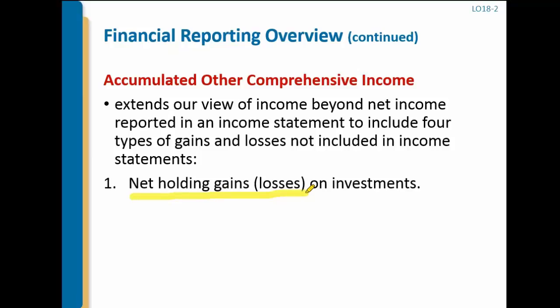And these unrealized gains and losses are related to these instruments that we are classifying as available for sale. Okay, so available for sale, you probably remember that from another class, and we talk about how the gains and losses stay in the equity section. This is where it goes, under the accumulated other comprehensive income.